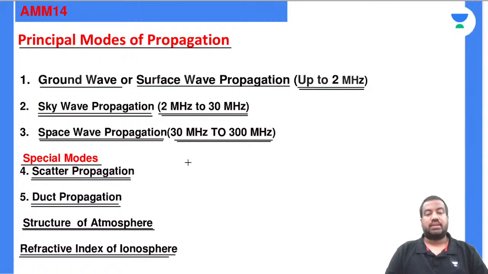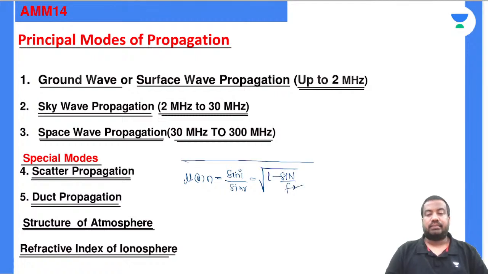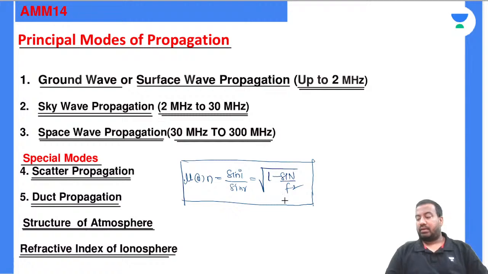We derived the value for mu or n from Snell's law, sin i by sin r, which is equal to the square root of 1 minus 81 n by f squared. Now we'll further try to derive the concepts related to the refractive index of ionosphere.